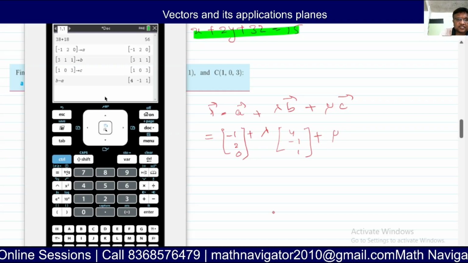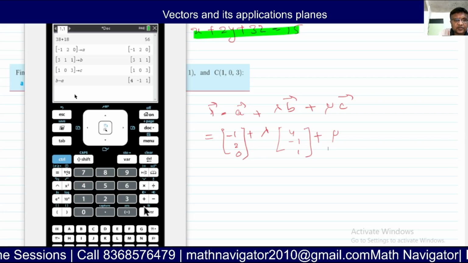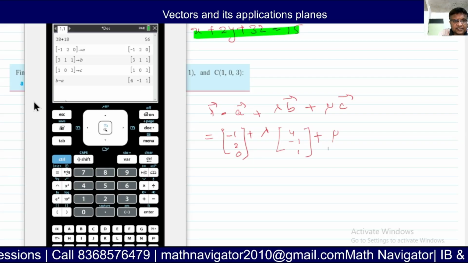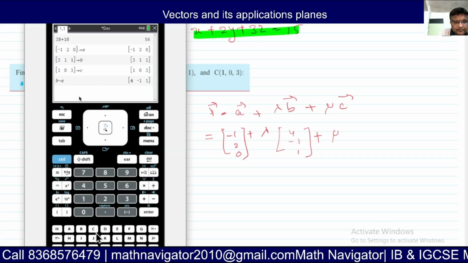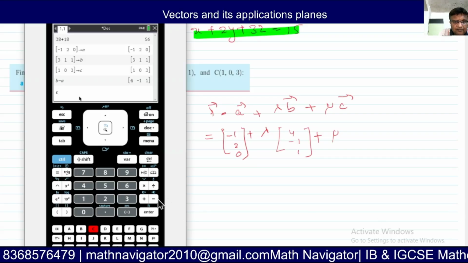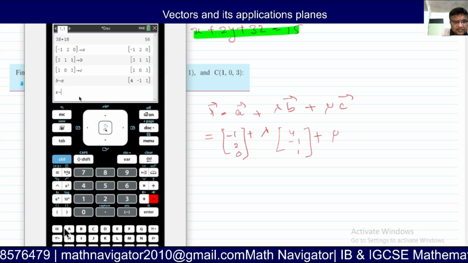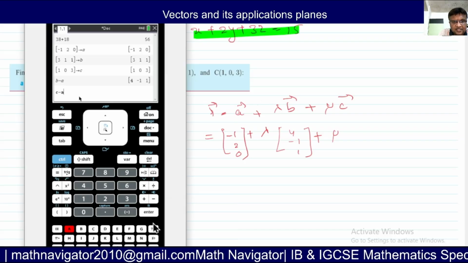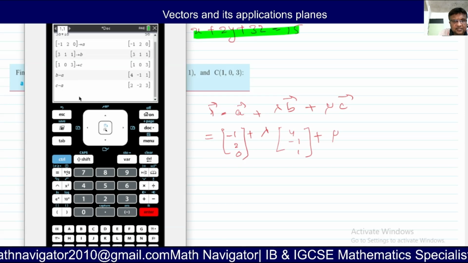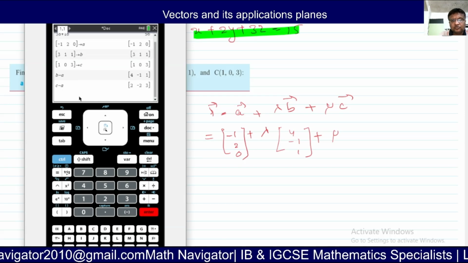Mu times vector C. Vector C is equal to vector C minus vector A, and then enter. (2, -2, 3).